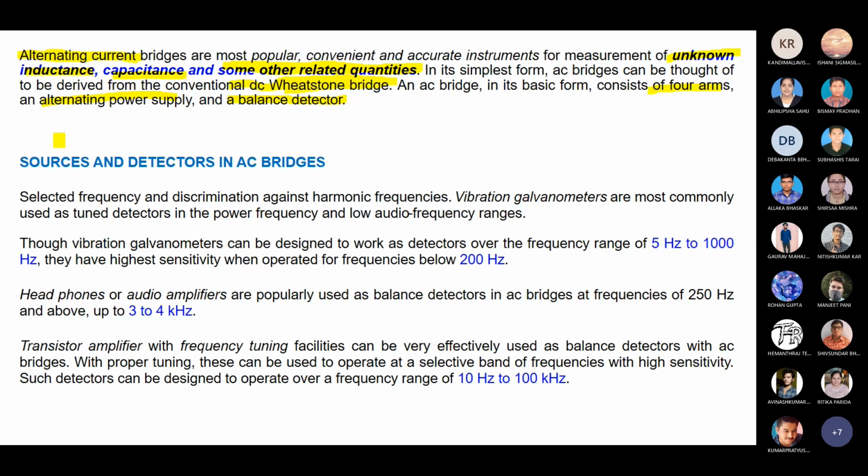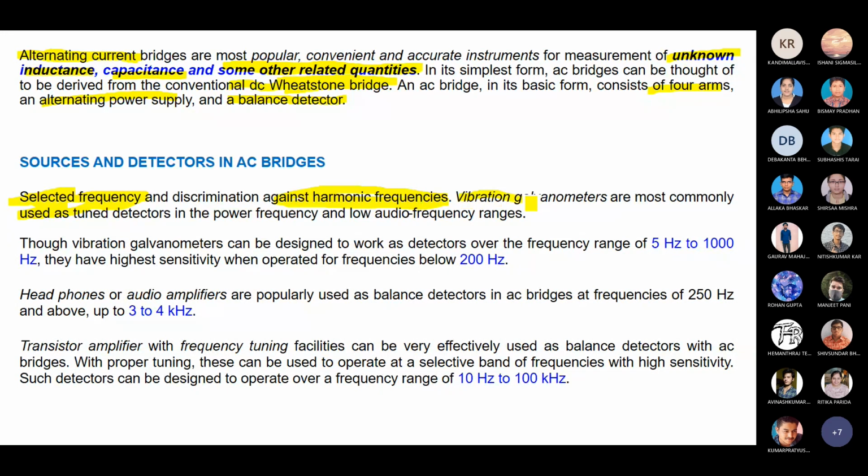So normally for selecting the frequency, that I have already discussed, you can specify what type of detector you are going to use. Selected frequency and discrimination against harmonic frequencies, based on it, you have to select the detectors.